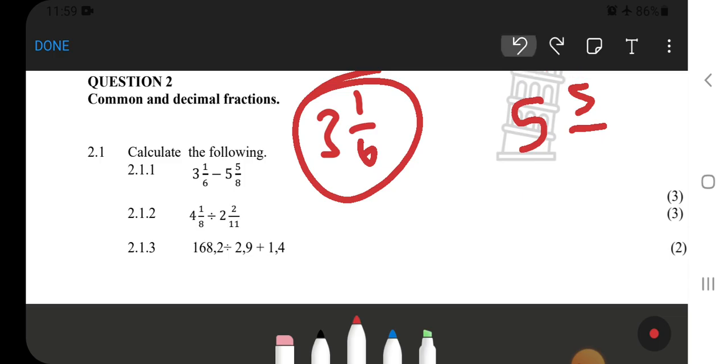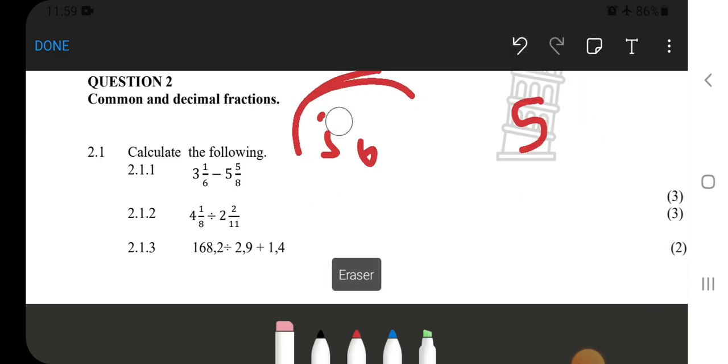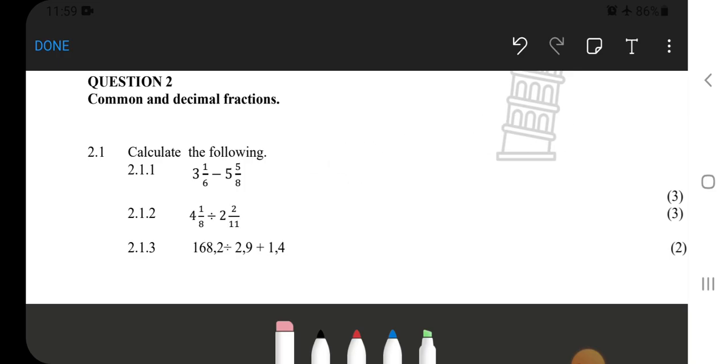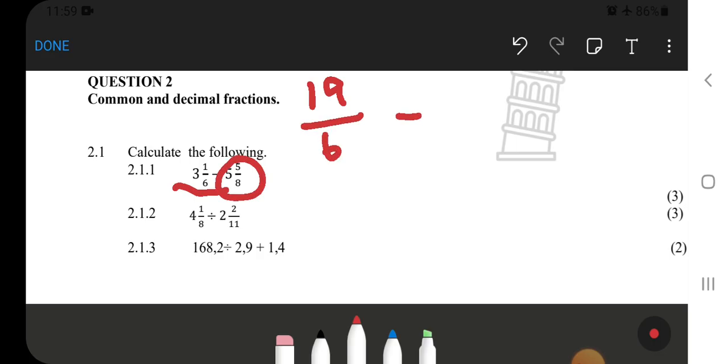For the first part, when you put that into your calculator, you are going to get 19 over 6, and then minus, for this one, you are going to get 45 over 8.